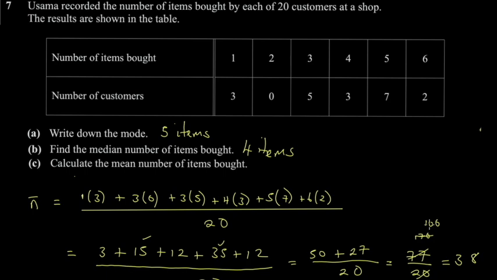It will be remainder 10, because from 160 to 170 we only have 10 left. So into this you get 5. So it'd be 3.85 items. That will be the mean, and yeah, that's just about it.